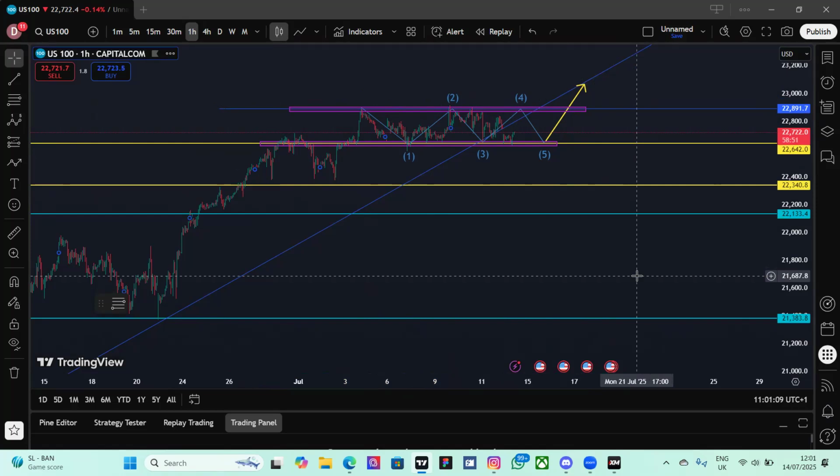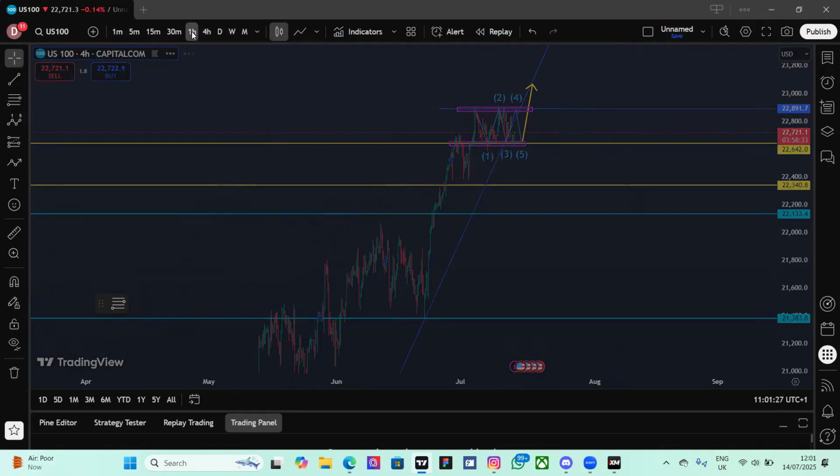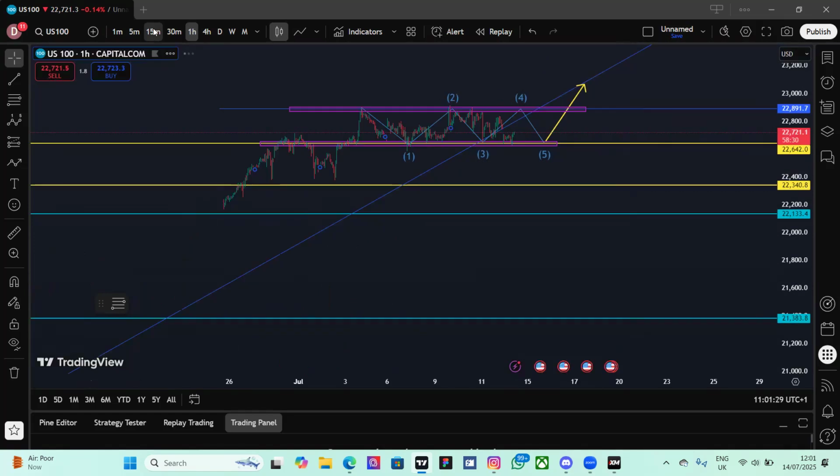I'm not going to take a position on US100 because it's just a little shaky right now. But yeah, we'll see how things actually play out. I think this could have been a really good entry.